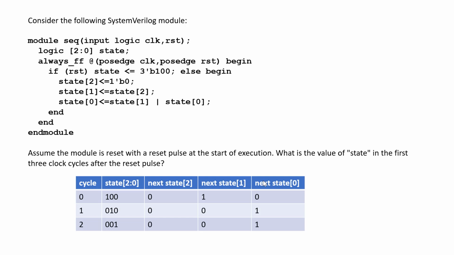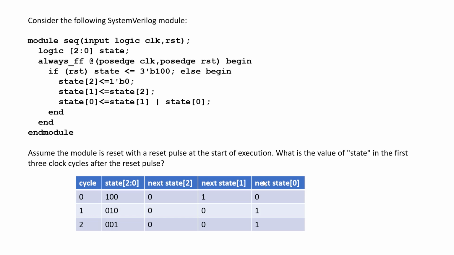And then the idea is that you calculate the next state in this always block, and the next state will take effect the next cycle. So next state 2 will be just 0. Next state 1 will be whatever state 2 was. State 2 was 1, right?